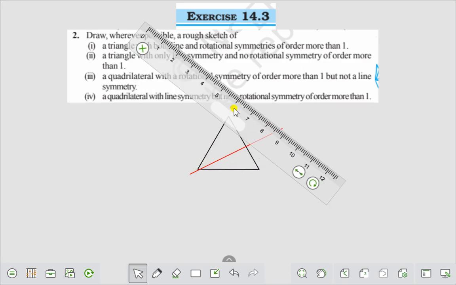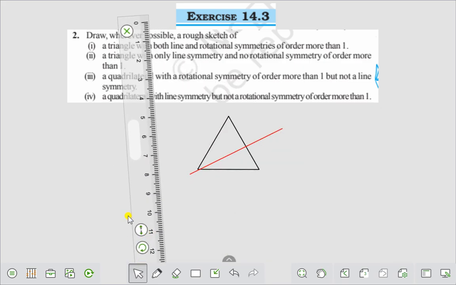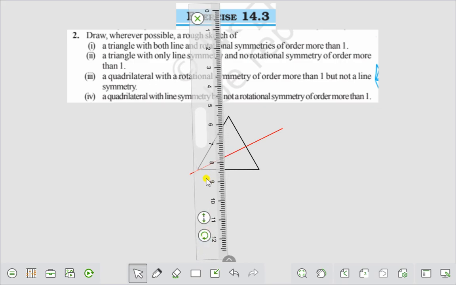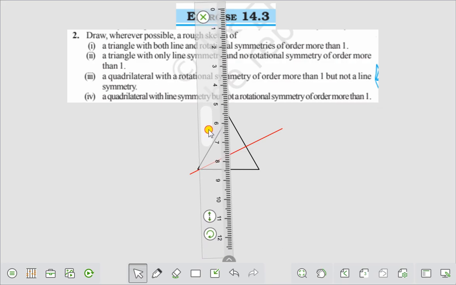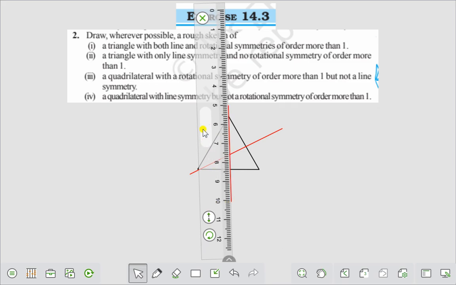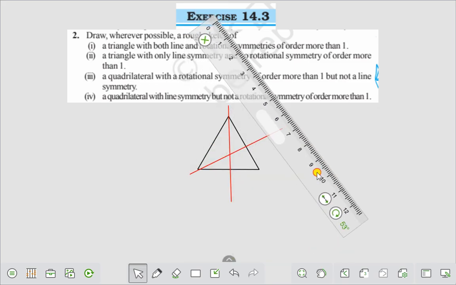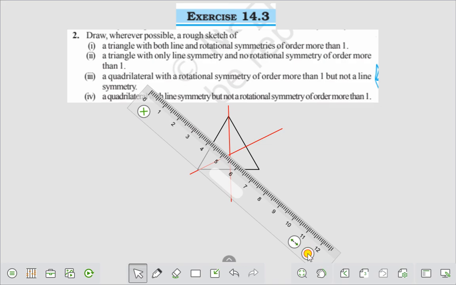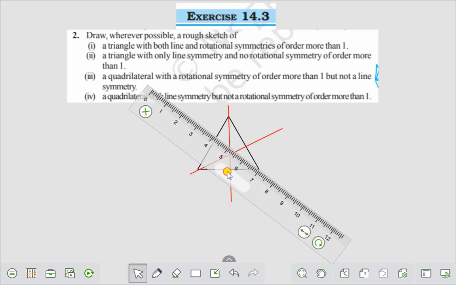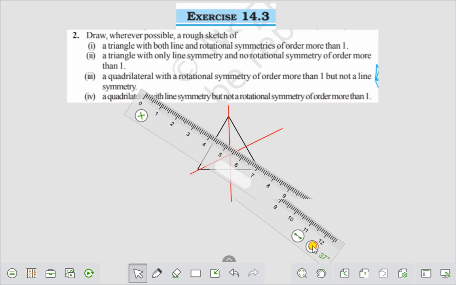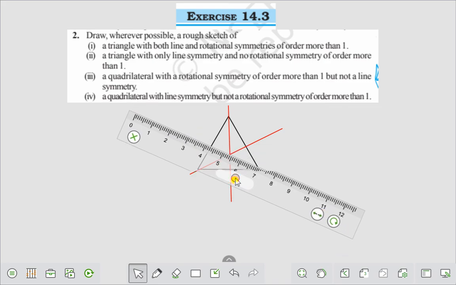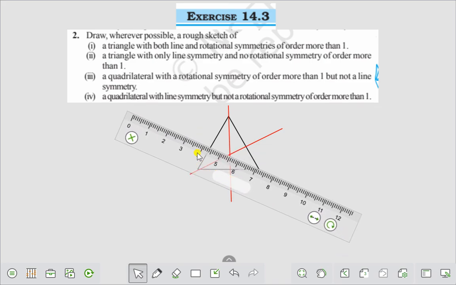this one is another line symmetry, and if we draw another line symmetry, that is this one, right?